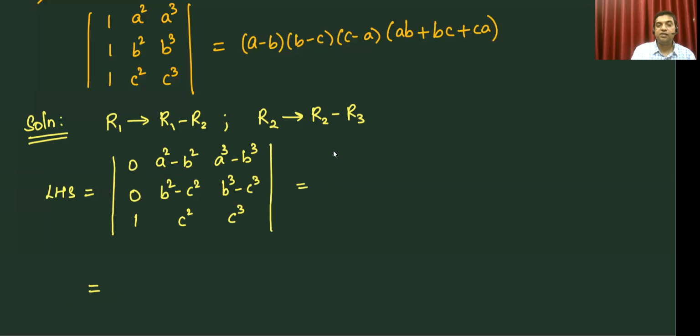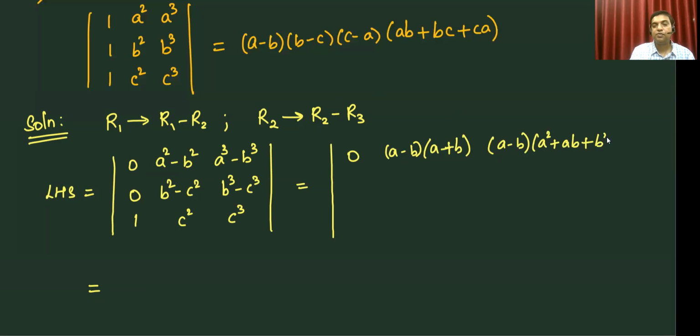Next, this I can write as 0, a minus b into a plus b. Then next one will be a minus b into a square plus ab plus b square.